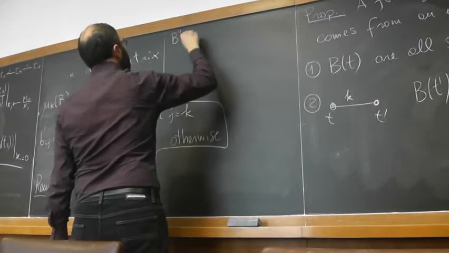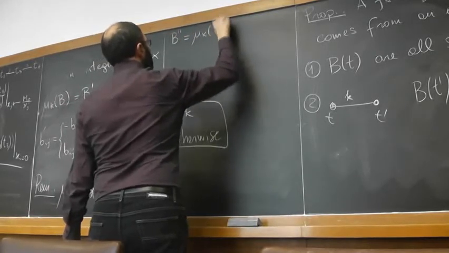Let B double prime be the mutation of B prime.